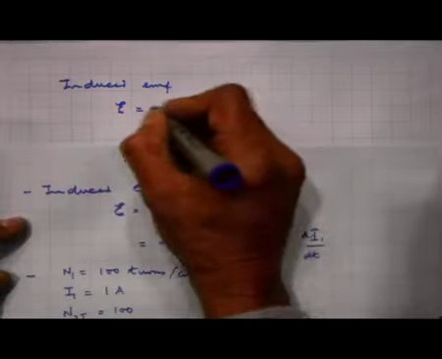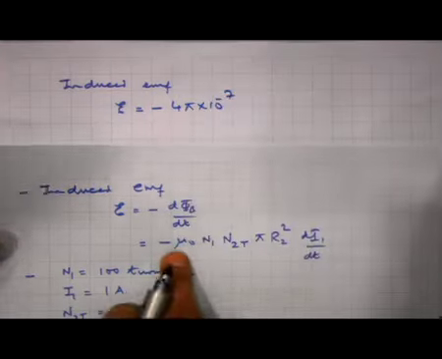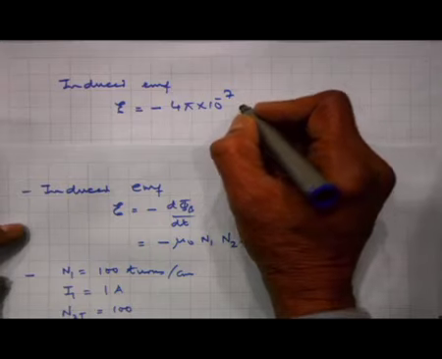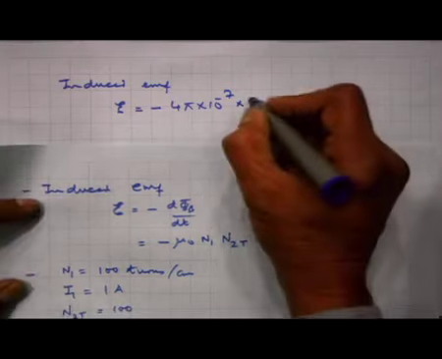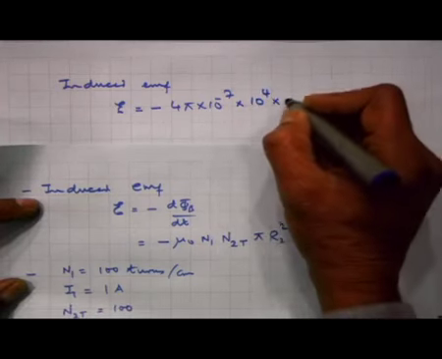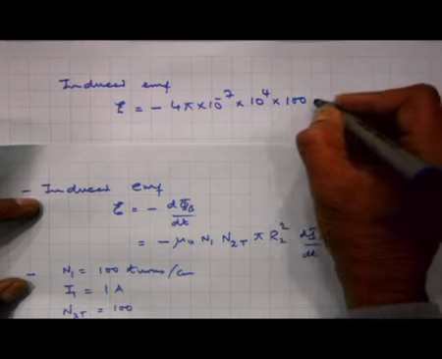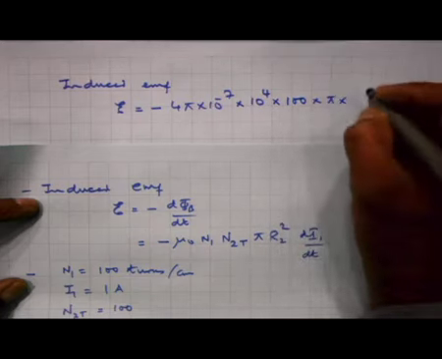So, this is minus 4 pi 10 to the minus 7, which is the mu naught. N1, I have given, has 100 turns per centimeter, that is 10 to the power 4 turns per meter, into N2, which is 100, into pi r square, which is pi into r2 square.